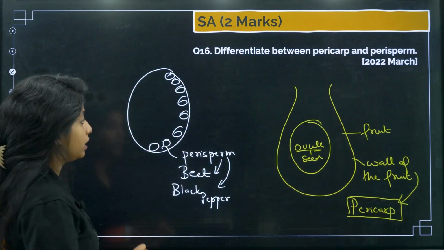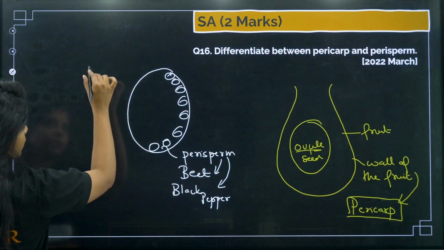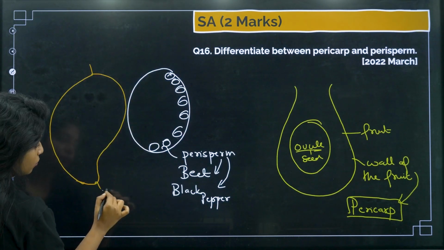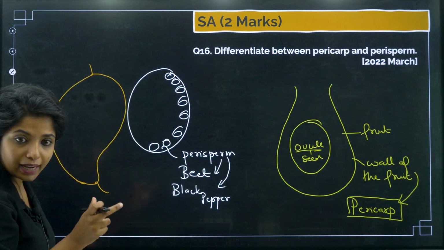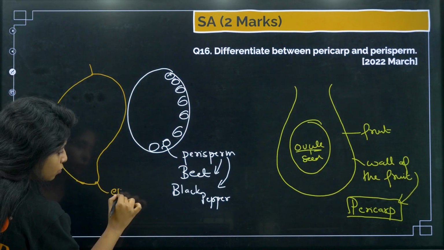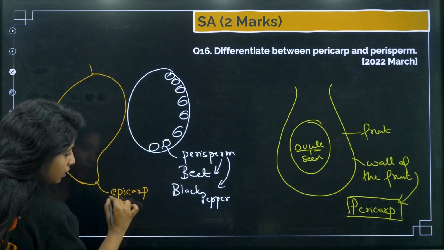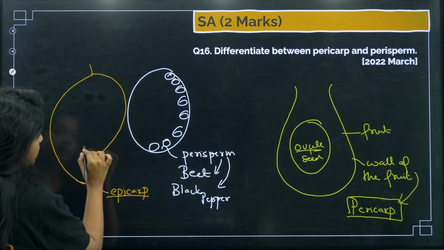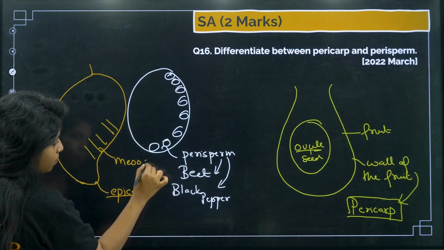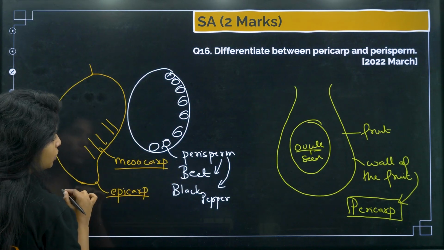And in some plants you might have seen, for example, if you take mango. So mango, the whole layer of thing that is found in the fruit is known as pericarp, right? The outermost layer is known as epicarp, which is the yellowish thing that you find. Inside that you have some fleshy thingy, known as mesocarp.